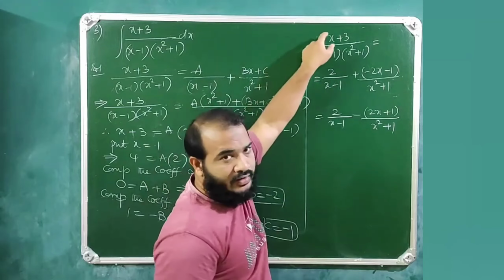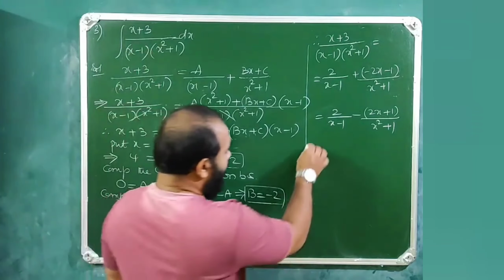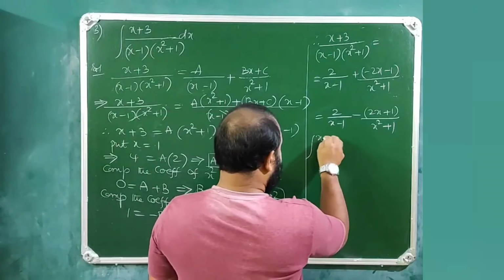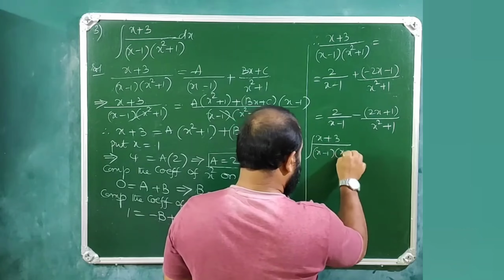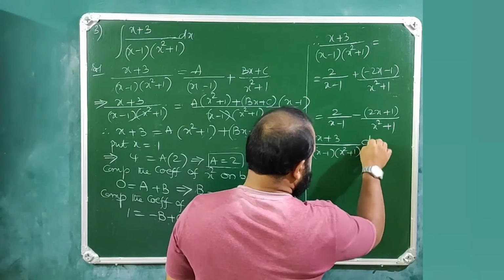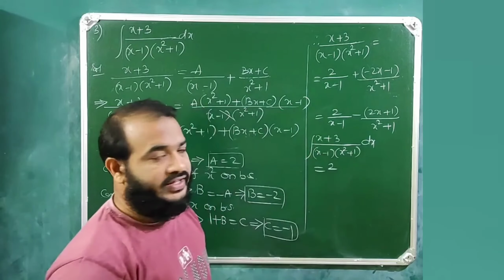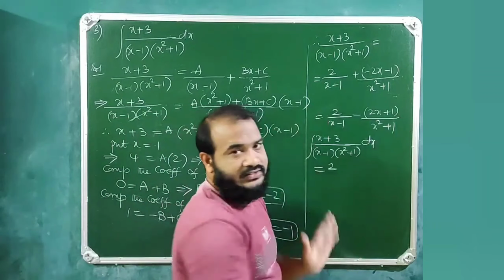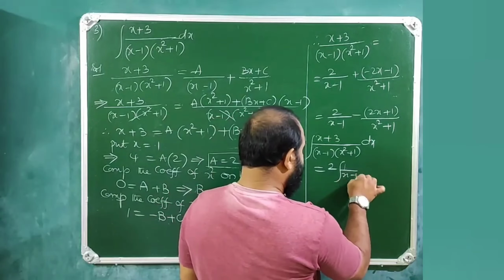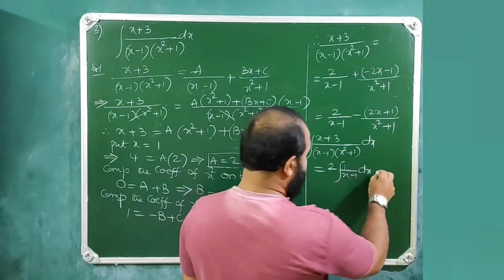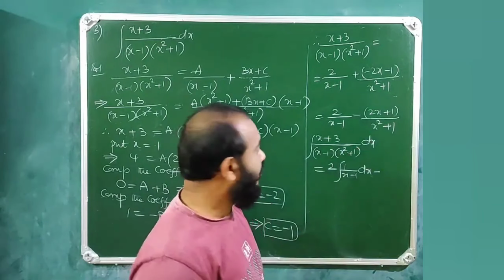Now we need integration on both sides, because this is the question given. Integral of x plus 3 by x minus 1 into x square plus 1 dx is equal to 2. I am separating it from the process of integration. So integral 1 by x minus 1 dx, minus, this is a plus b by c, a by c plus b by c.